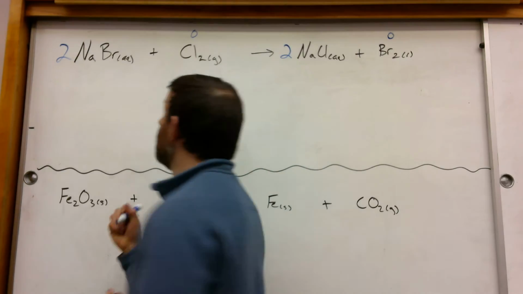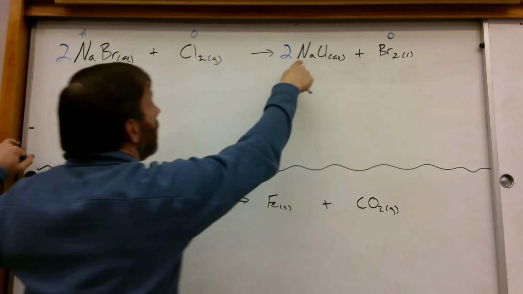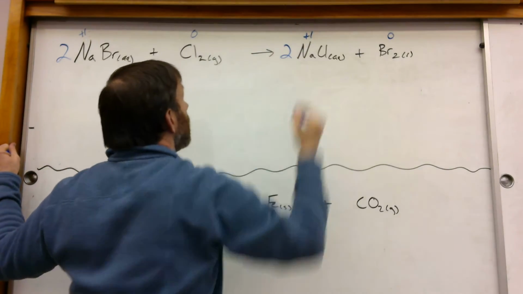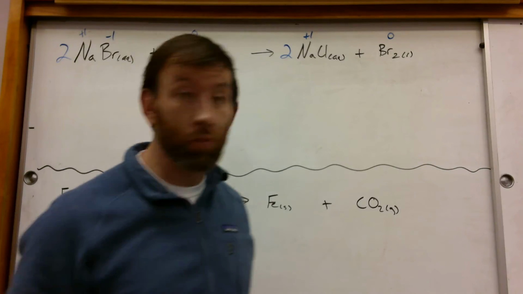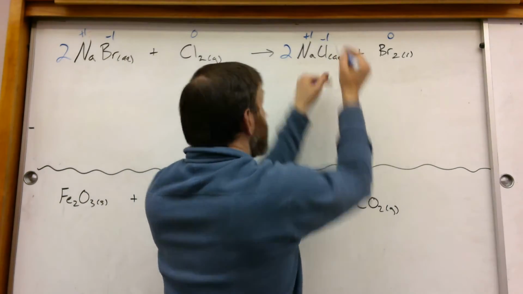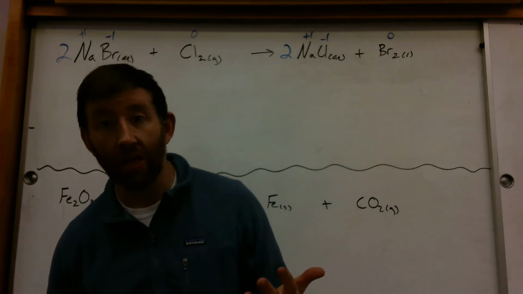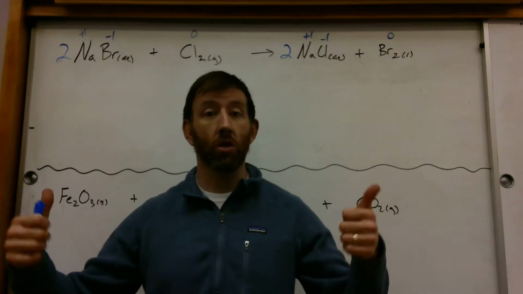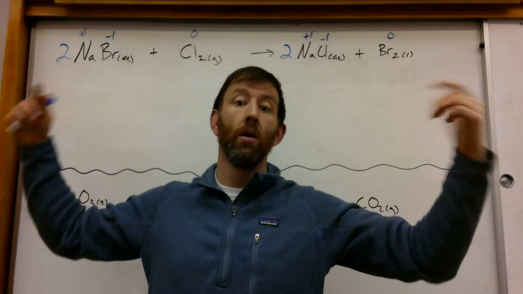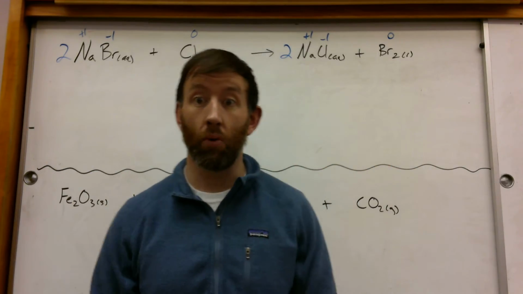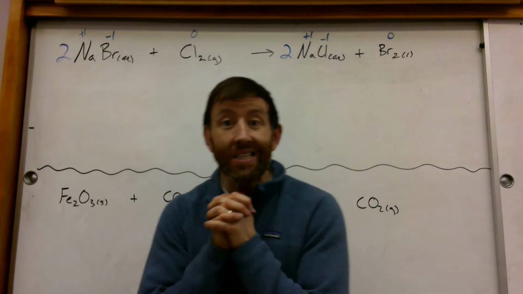Sodium, being a metal in group 1, is +1, and also over here, +1. Bromine is a halide. Halides are -1, and chlorine over here, -1. In that case, we didn't have to use hydrogen and oxygen to figure it out. We just took the fact that those are ionic compounds, and we know the charges of sodium and the halides, because your chemistry teacher taught you that at some point. So there we go. We have our oxidation numbers assigned.